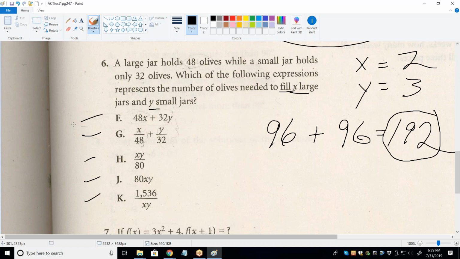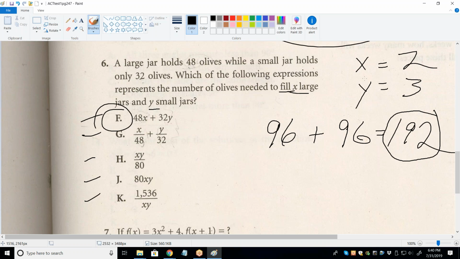So, in other words, worst case scenario is we're going to try all 5 answers. When we get 192, we will have found the correct answer. So, what gives you 192? Start with F, always, in a situation like this, just start with the lowest. Notice that I didn't have to figure out anything, because when I picked numbers, it came to me.